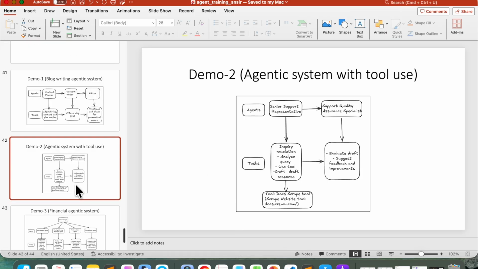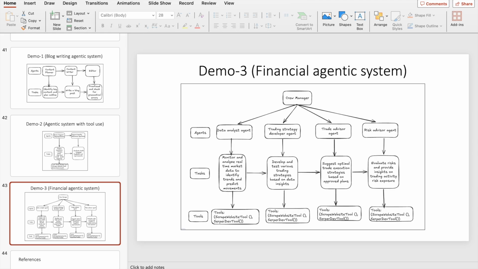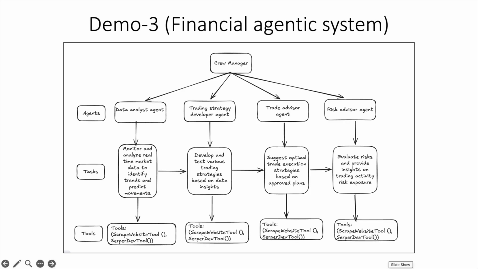The next use case is this financial agentic system, right? So here we are expanding our use case, and this is a financial trading multi-agentic system, right? So here we have defined these agents: data analyst agent, trading strategy developer agent, trade advisor agent, and risk advisor agent, right?